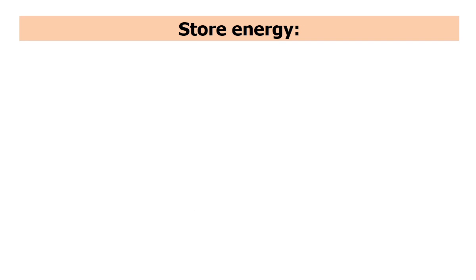Now stored energy. The main function of the capacitor is to store energy, and we have a formula to calculate the stored energy, which is U equal to half C V square. Here U is the stored energy, whose unit is joule, C is the capacitance, and V is electric potential. There is another formula of stored energy.